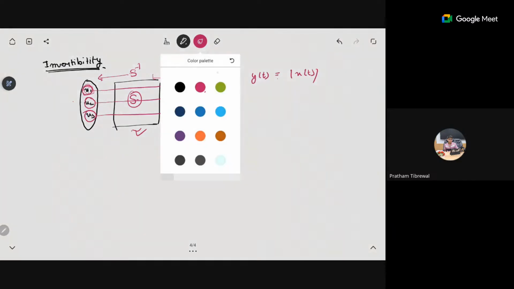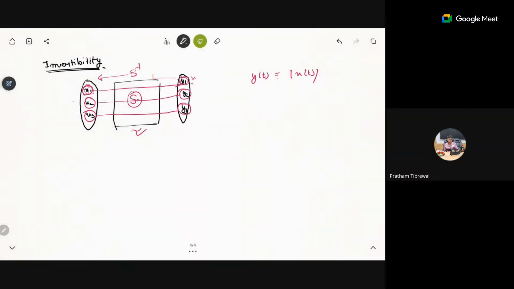Each input should be matched to its exclusive output. So what happens in a non-invertible system? One output can be mapped to two inputs. So x1 can result in y1 and x2 can also result in y1.